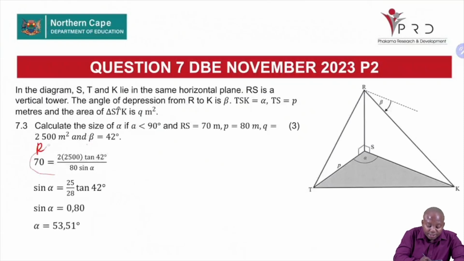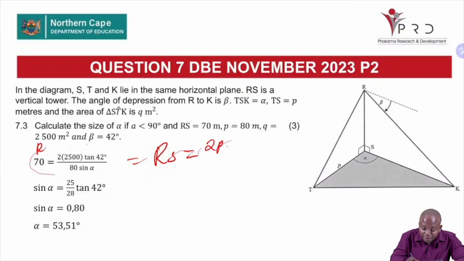So our RS is equal to 2Q tan beta all over P sine alpha.